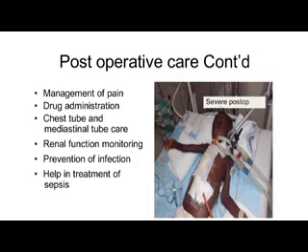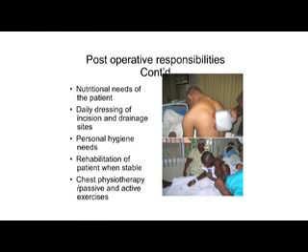Chest tube, mediastinal tube care, renal function monitoring, where in ICU, urine becomes gold. You have to be watching the urine and measuring the urine every hour to make sure that your patient's kidneys are perfused. Prevention of infection, which is very paramount to a patient like this, and then help in the treatment of sepsis.